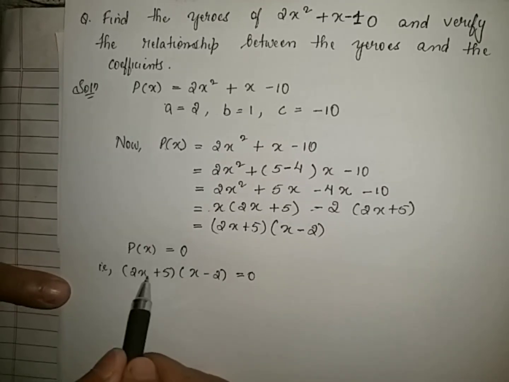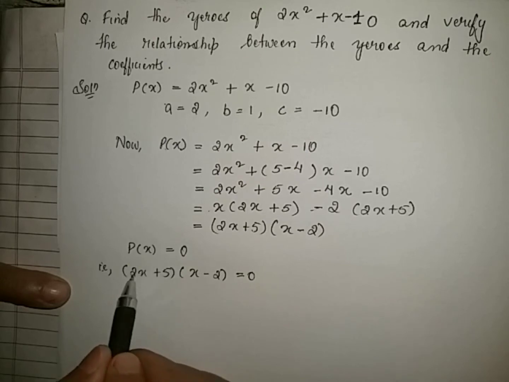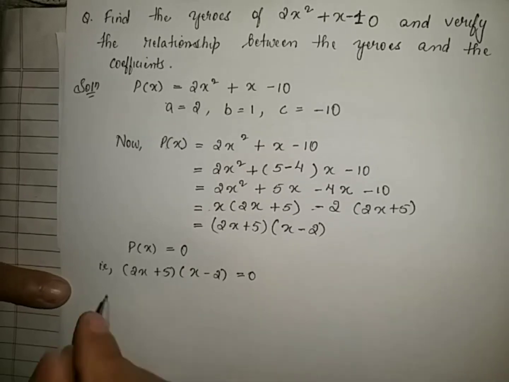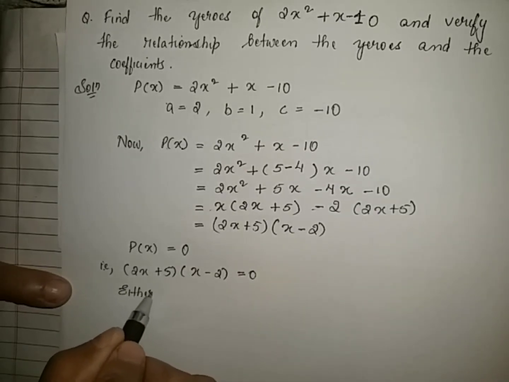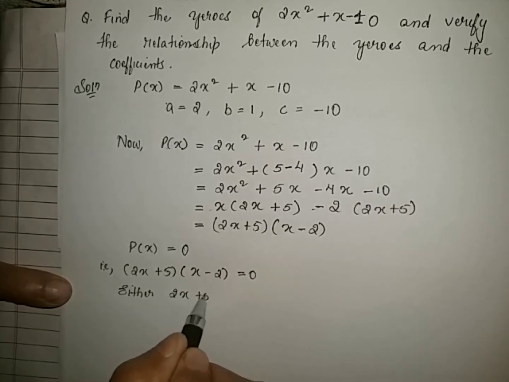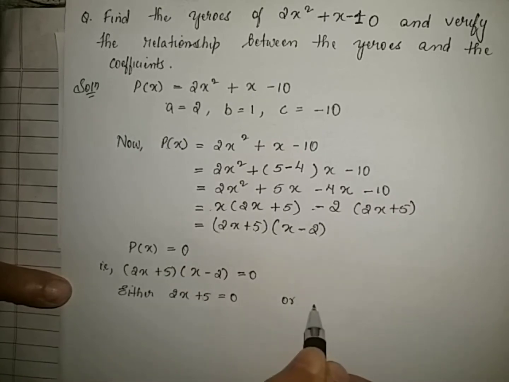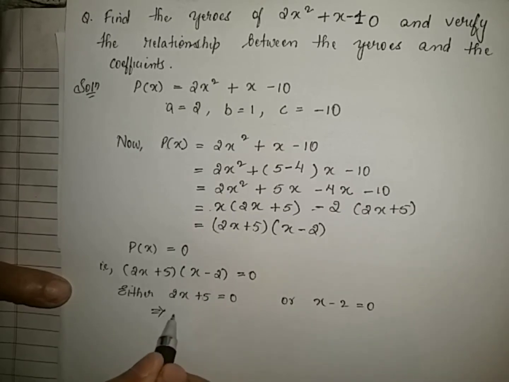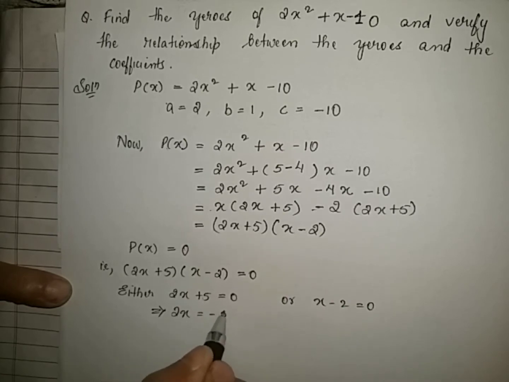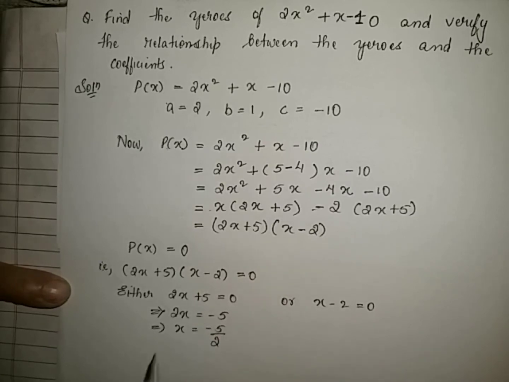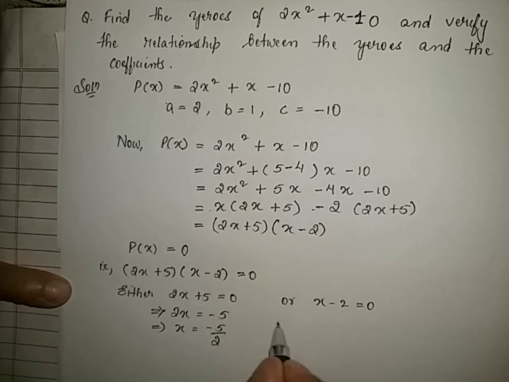If either one of these terms is equal to 0, then their product is equal to 0. That is, either 2x plus 5 is equal to 0 or x minus 2 is equal to 0. From here we get the first root, which is minus 5 by 2. And from here we get the second root, which is 2.